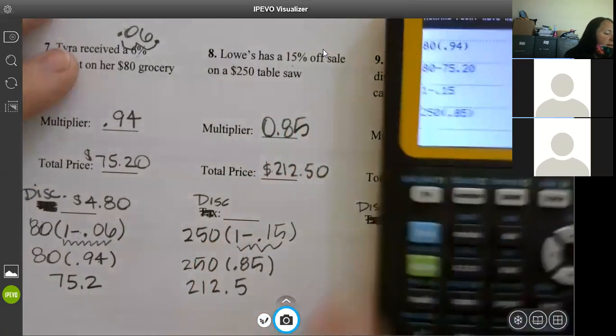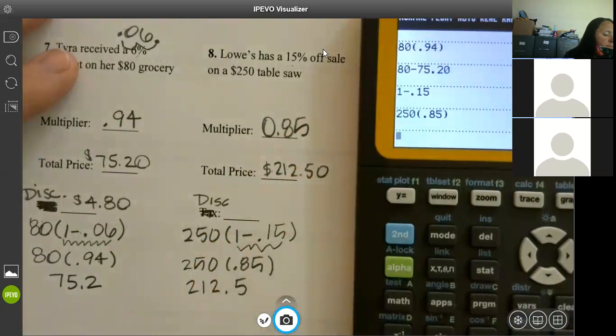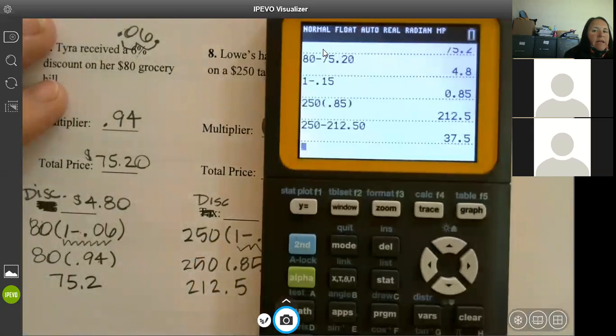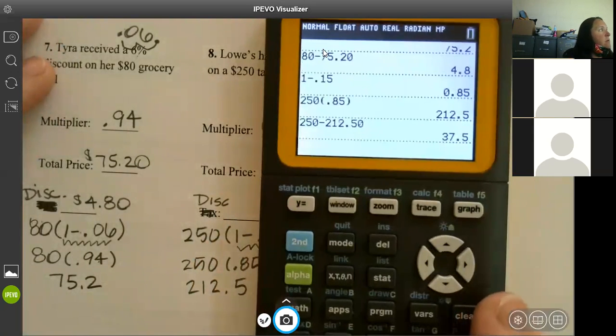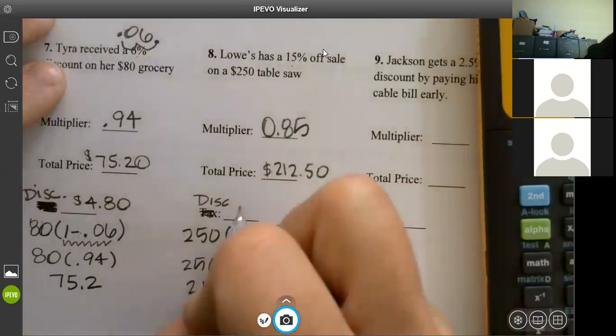How do we figure out our discount? So our original price was $250. We only paid $212.50, and we get a discount of $37.50.